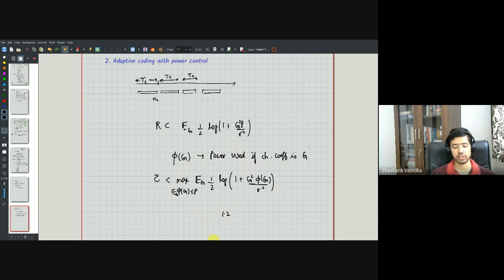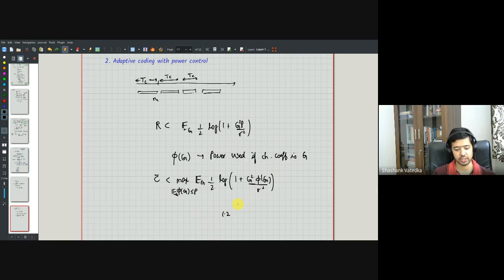In the case of the fast fading channel, you would fix that the rate is going to be 1.2. Whereas in this case, the rate is not fixed to be 1.2. Depending on what the actual channel coefficient g is, you will get a different number. But on average, this number is going to be 1.2.